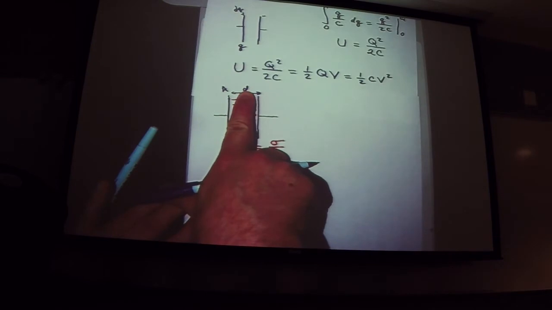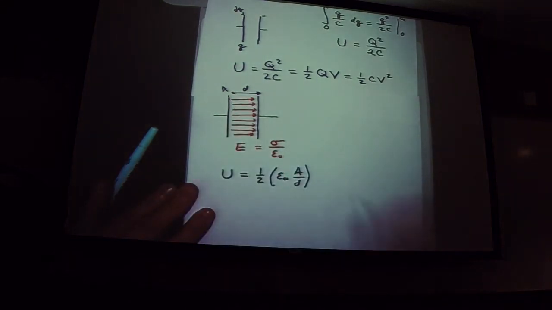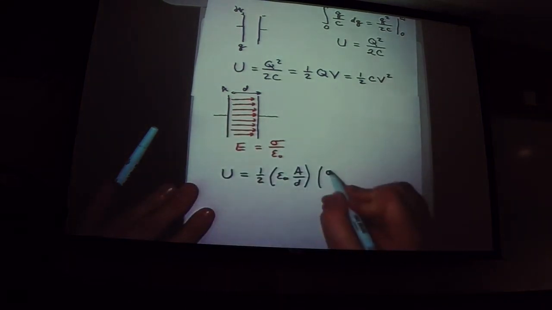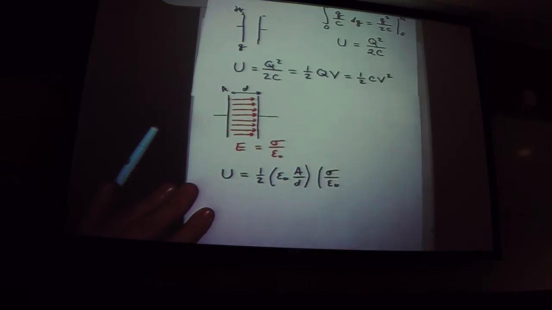Okay? Electric field is sigma over epsilon naught, multiplied by the distance d.